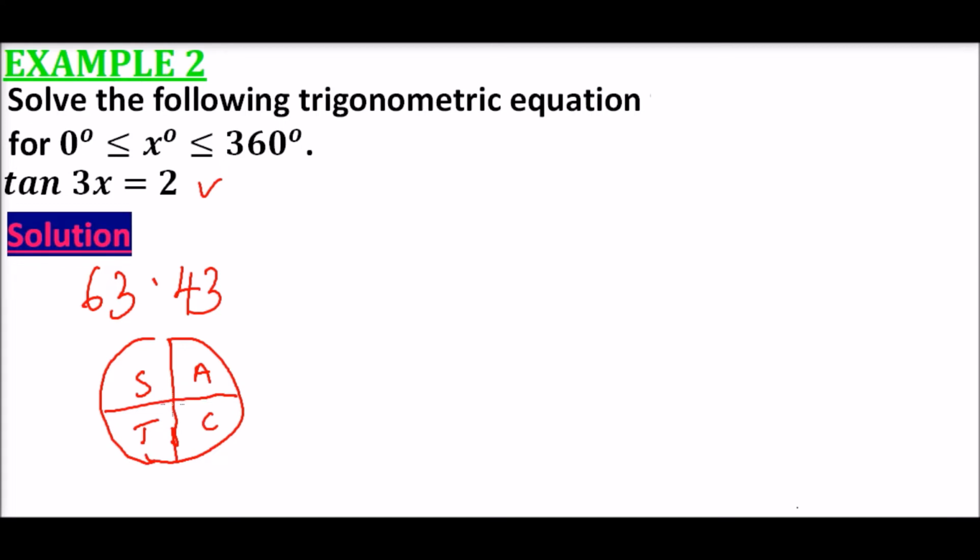So the angle in the third quadrant will be 63.43 plus 180. This is the angle that will come here. So that angle will be 243.43. So that's the second angle.